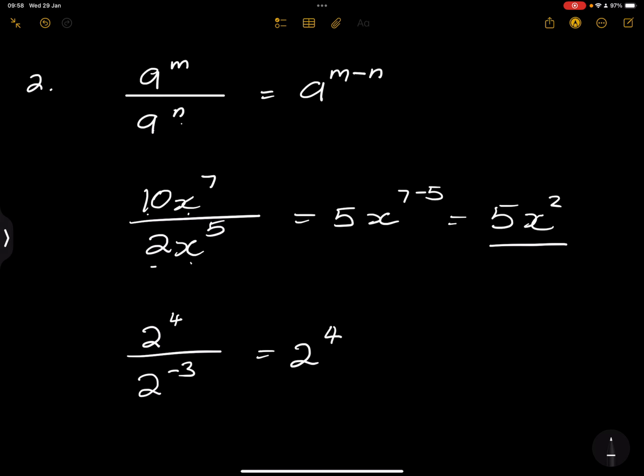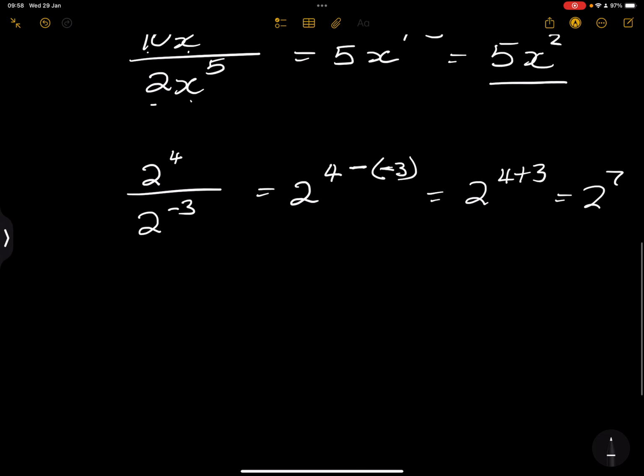That's 4 minus, note, I am subtracting a negative 3. So in this case, that actually becomes a positive because negative times a negative gives us a positive. So that becomes 2. That's 4 plus 3, right? Remember, a negative times a negative gives me a positive. So in this case, that will be 2 to the exponent 7.